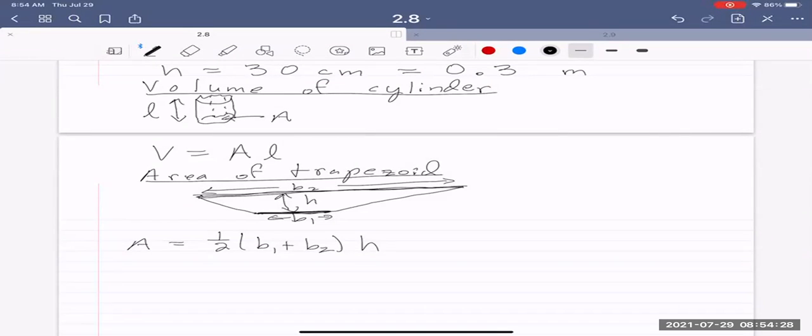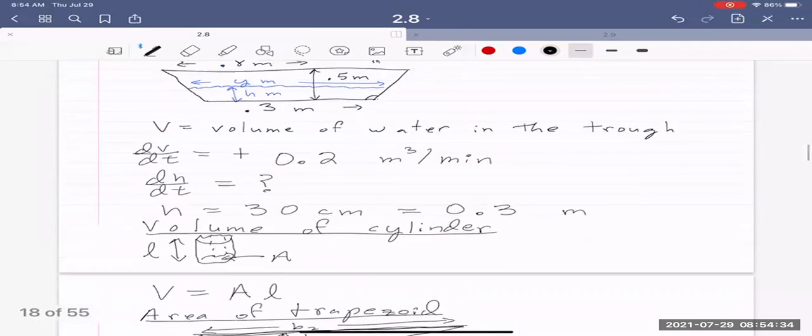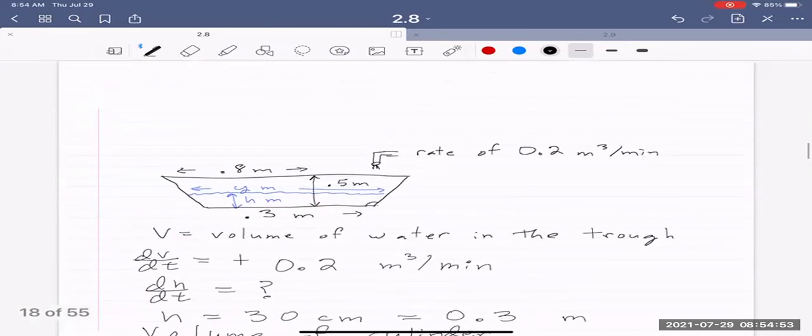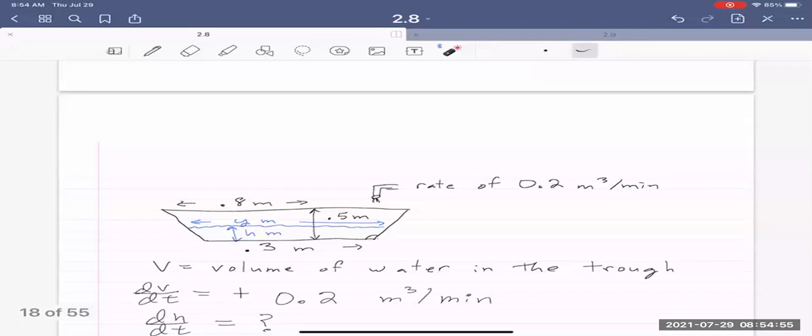So now, let's look at the following. I'm going to use similarity yet again. So let's look at the trough. But like before, I'm going to just look at it at the end of it.